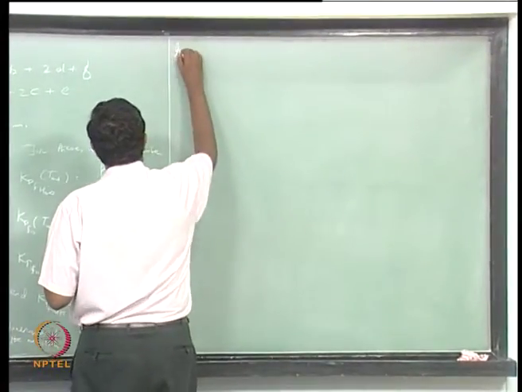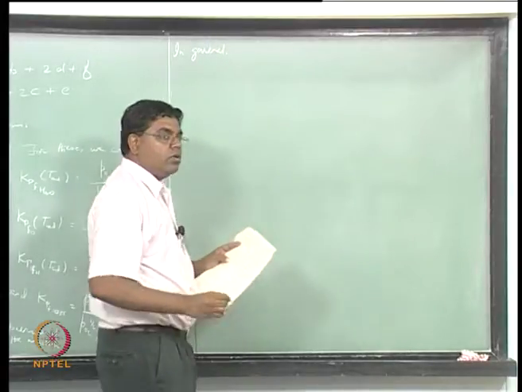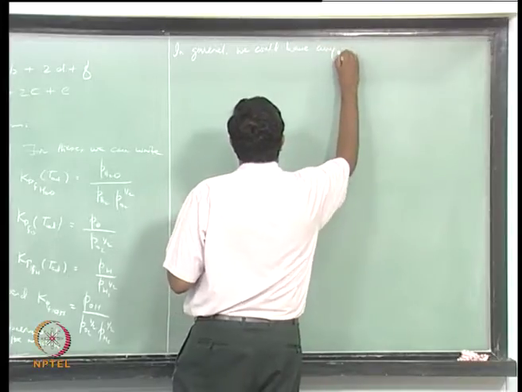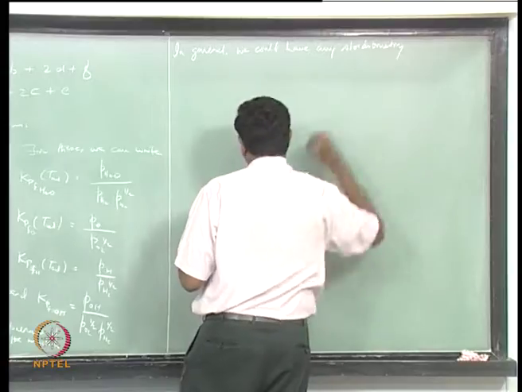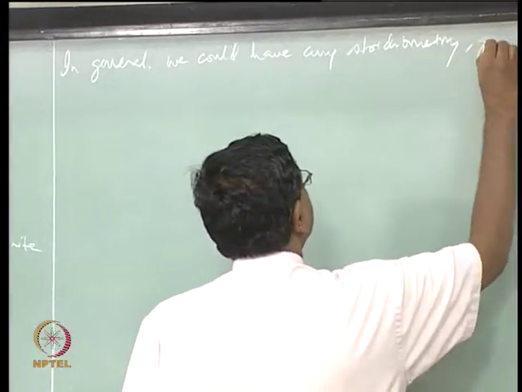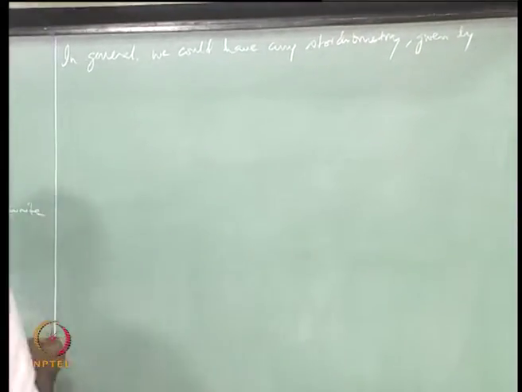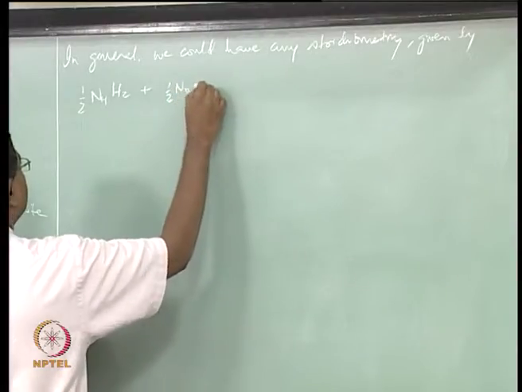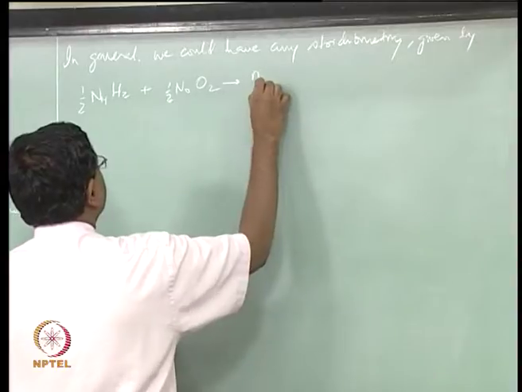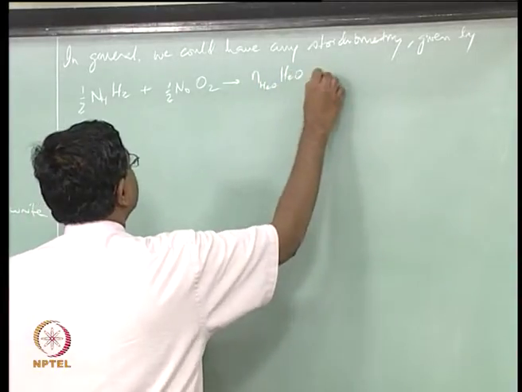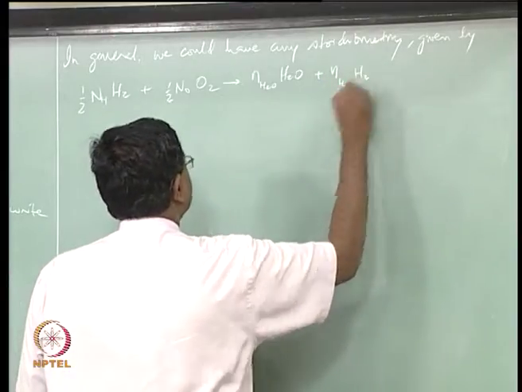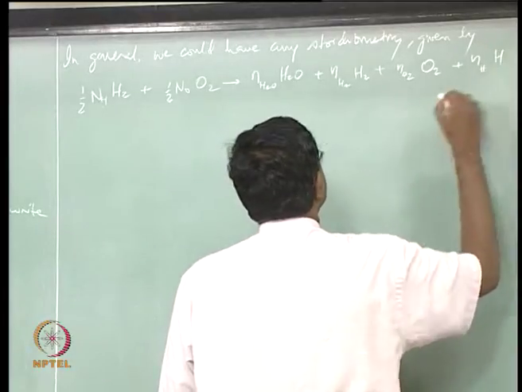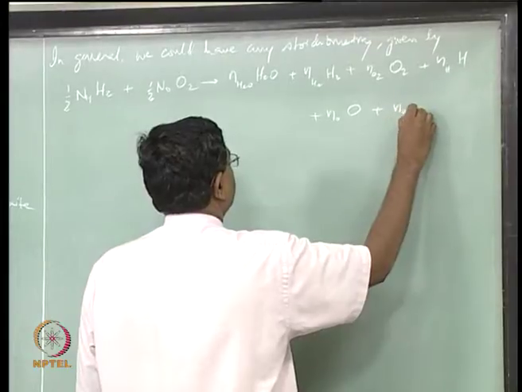So in general we could have any stoichiometry, right, given by, let's say, half NH2 H2 plus half NO2 O2 gives, we now have to write NH2O H2O plus NH2 H2 plus NO2 O2 plus NH H plus NO O plus NOH OH.